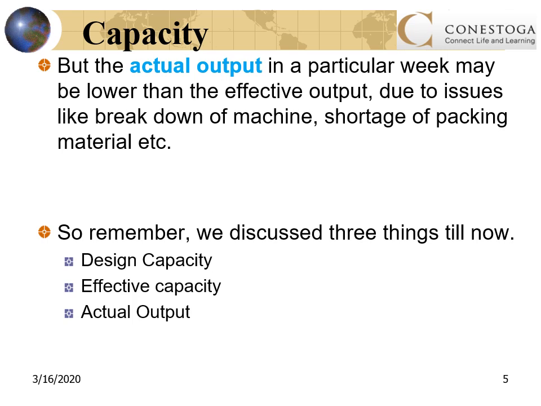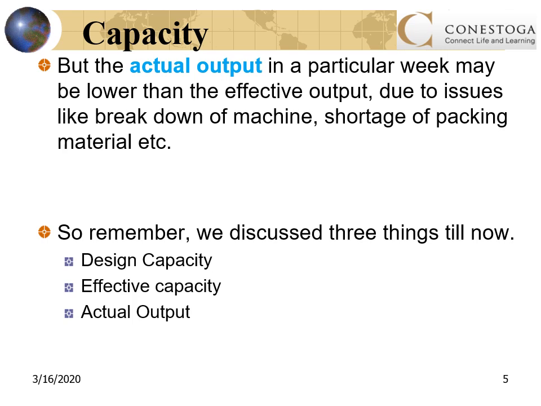The reason being, let's say there has been a breakdown of that particular machine, or let's say there has been a power outage and the machine was off for a certain period of time, or let's say the packaging material, the input needed for this particular machinery, is not available. In that case, our actual output would be lesser than the effective capacity.